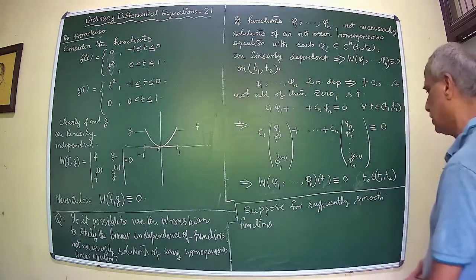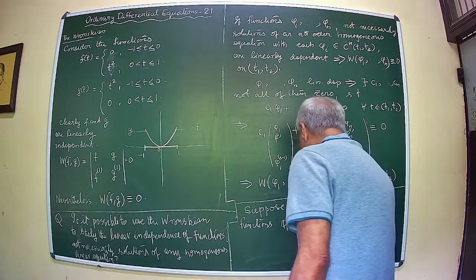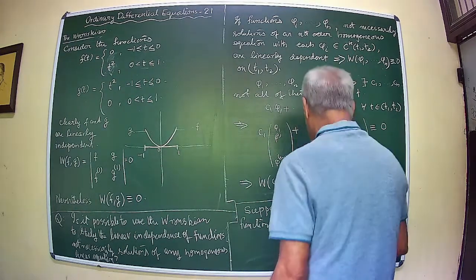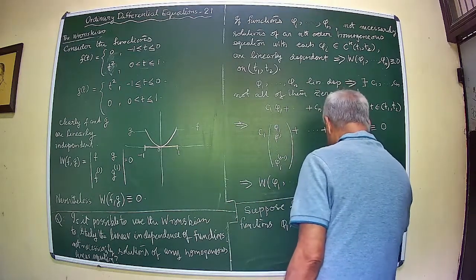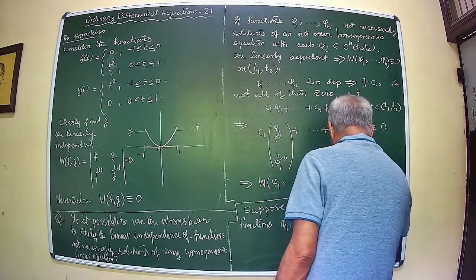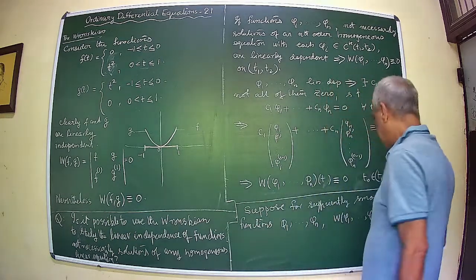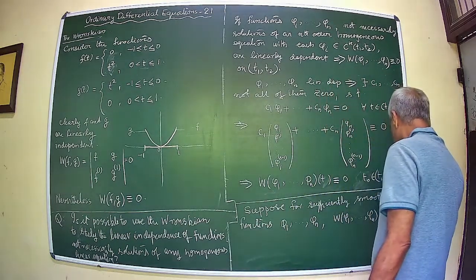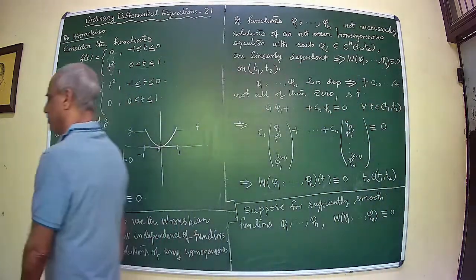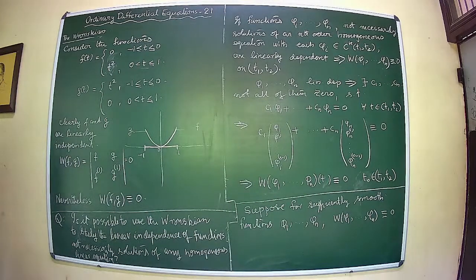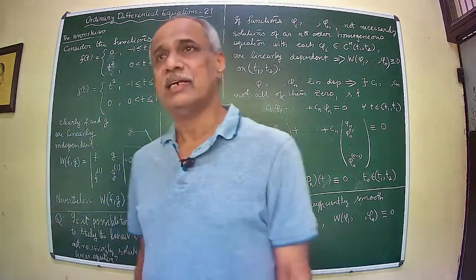Suppose for sufficiently smooth functions phi 1 up to phi n, the Wronskian is identically equal to 0. Obviously, you have seen that you cannot infer that these functions are linearly dependent.